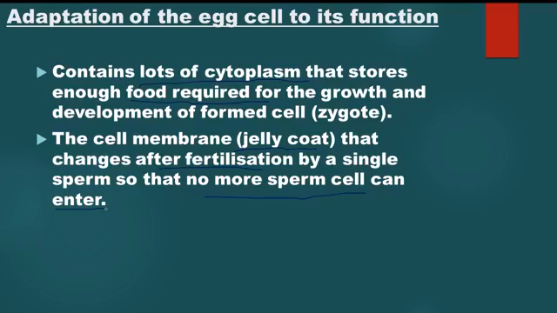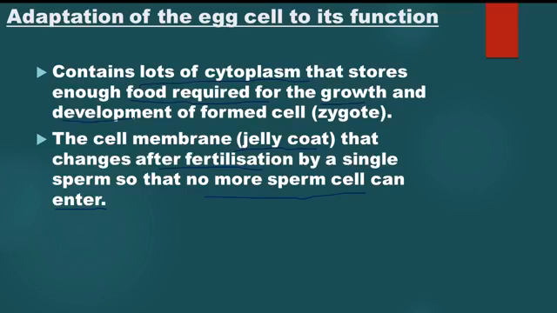It contains lots of cytoplasm that stores enough food such as glucose, amino acids in the form of protein, and even fat droplets that will be required for the growth and development of the zygote.